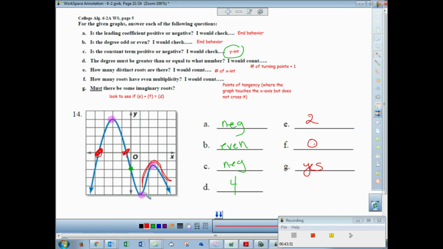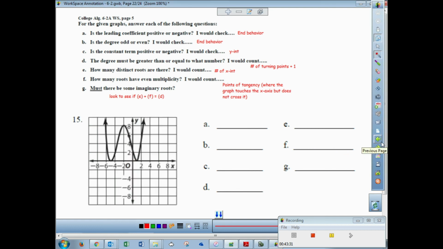Here's some imaginary roots in this crazy zone right here. It never went up and crossed the x-axis. So you look to see if E plus F, if you add them together, equals this, then you've found all your roots. They're real. Otherwise, they're not.